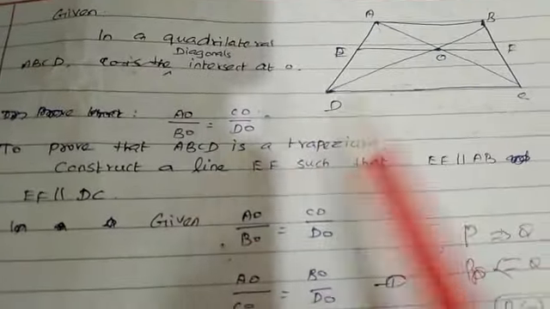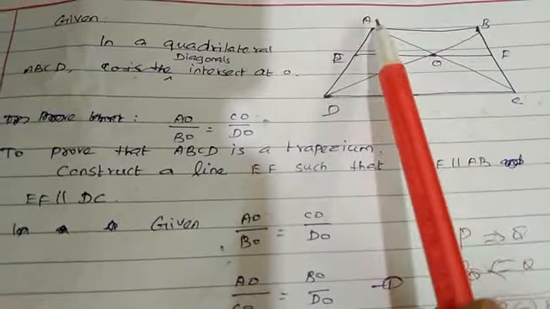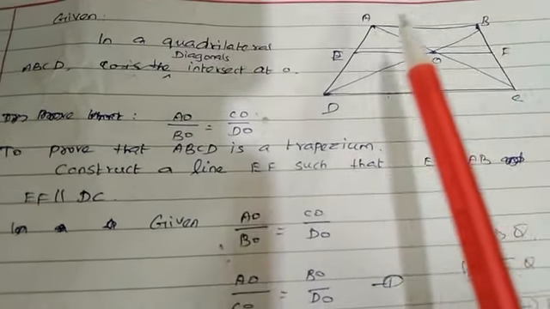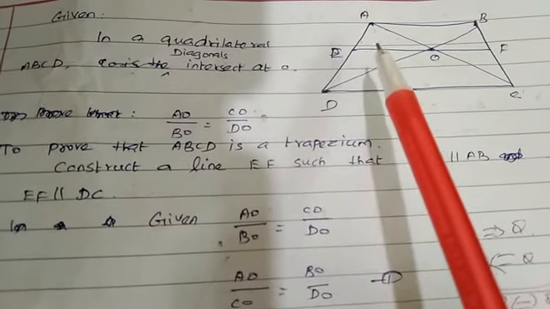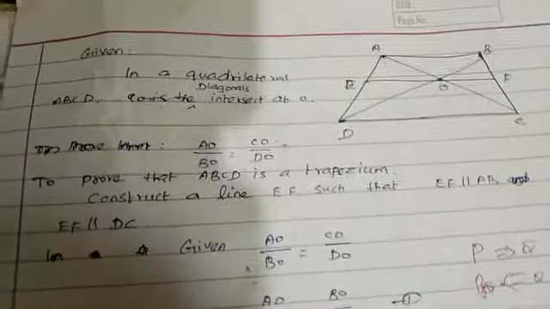So just construct a line EF such that EF is parallel to AB. Now we need to prove EF is parallel to DC.